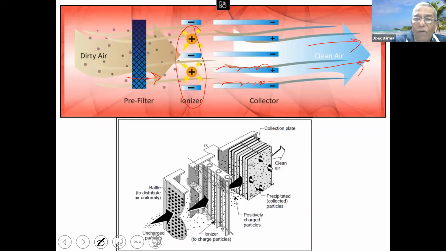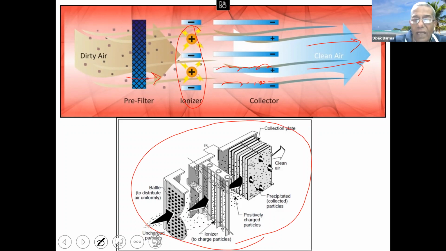This is the system of operation of an electrostatic precipitator. This is the actual view of an ESP, where the ionizer is there, and then you have the plates for clean air to get out.